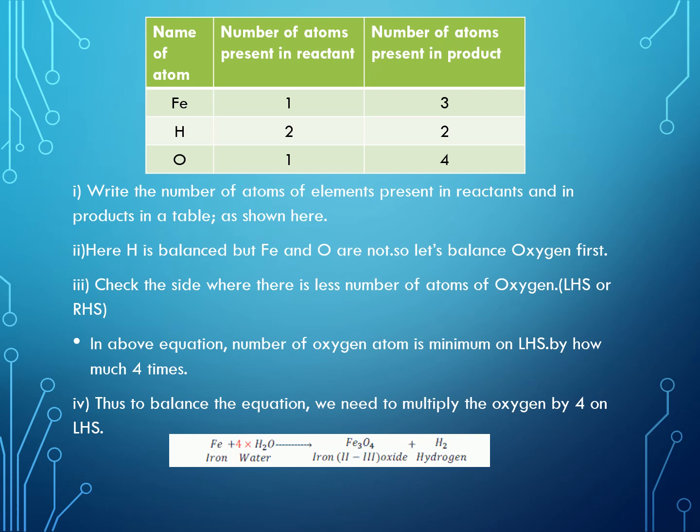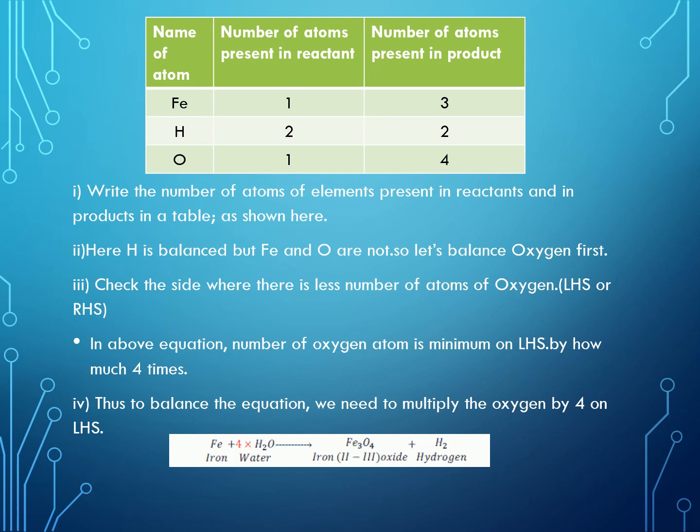But it is not the case with the atoms of iron as well as oxygen. So it is up to us either to start with iron atom balancing or oxygen atom balancing. Here we have taken oxygen first.